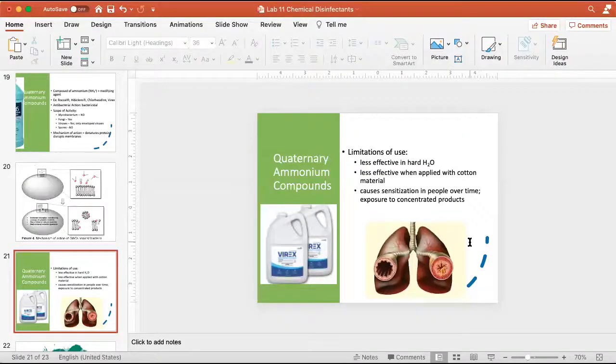The last limitation for quaternary ammoniums is one that I see more and more in the scientific literature. It's something I think we all need to be concerned about, as these compounds are used more and more in healthcare facilities. People who are responsible for mixing up the concentrated form of the compound have reported becoming sensitized over time.